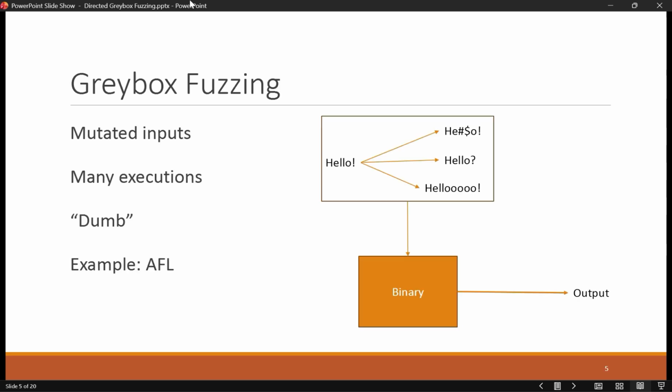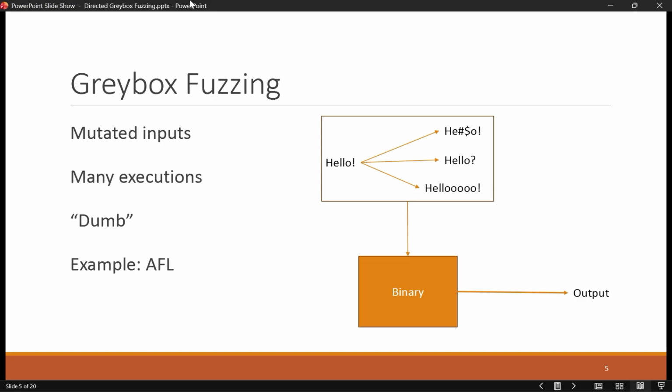Gray box fuzzing is what we've been working with for this capstone. Essentially, you are still taking inputs and throwing them at a binary, but there's more complexity to it than that. You'll take seed inputs, or you could start from nothing as well, and you'll take an input and mutate it. So you'll change something about that input, and then you'll pass that along to the binary.